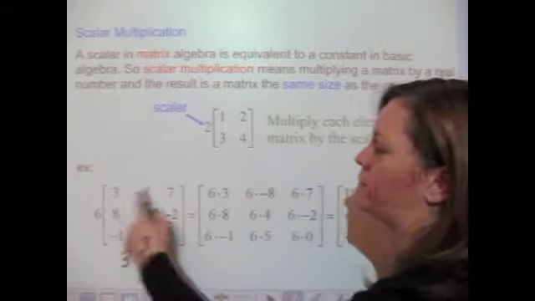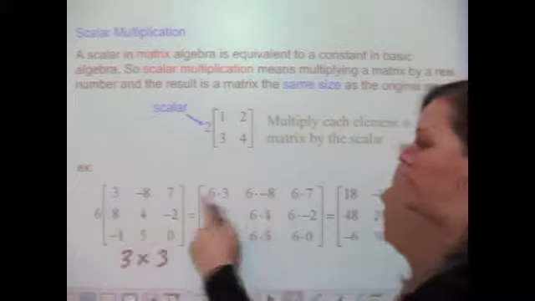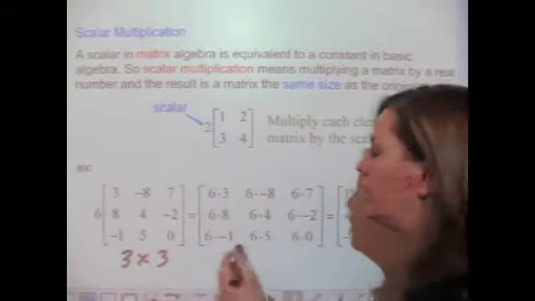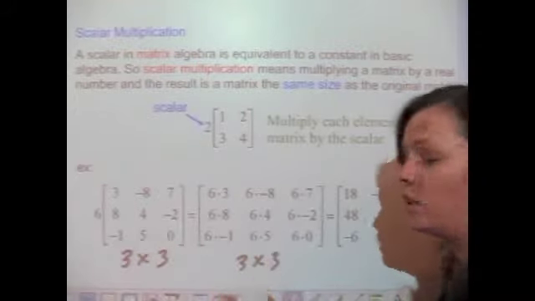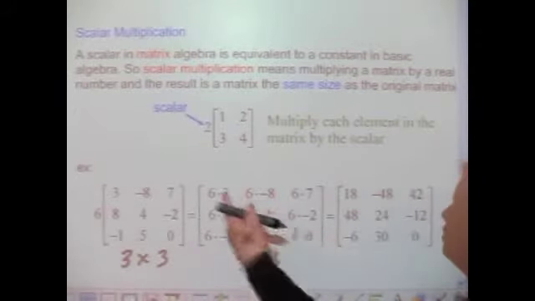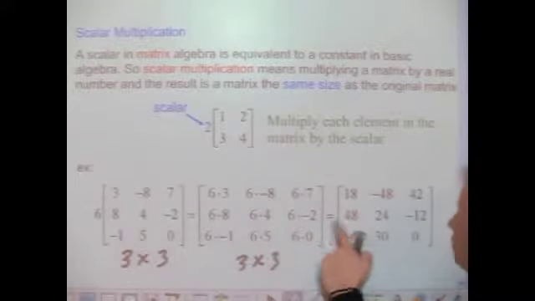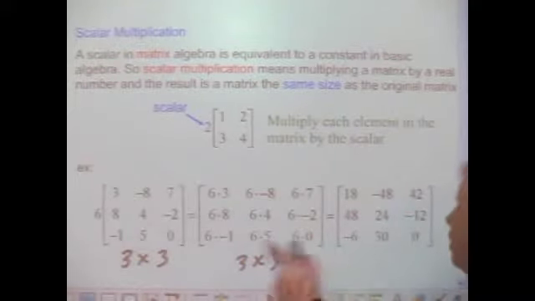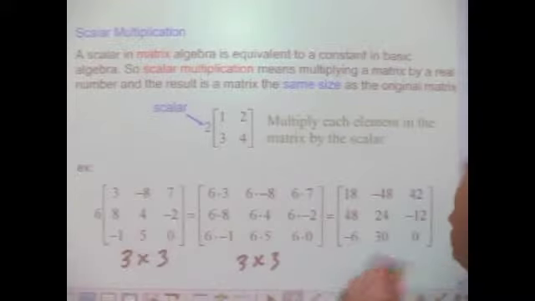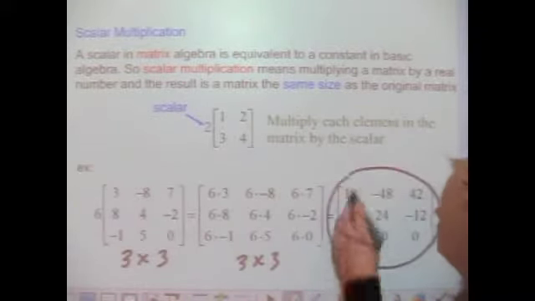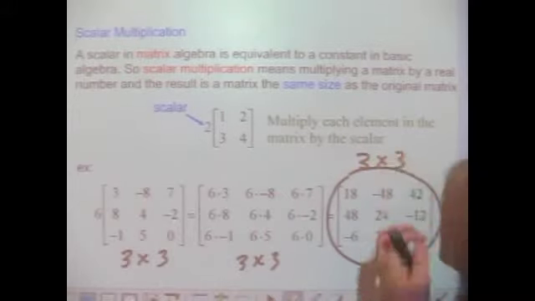So for example, we'd have 6 times 3, 6 times negative 8, 6 times 7, 6 times 8, etc. So what we see is a result that is still a 3 by 3 matrix. So we'd have 18, negative 48, 42, 48, 24, negative 12, negative 6, 6 times 5 is 30, 6 times 0 is 0. So this is our resultant matrix, and we can see that it maintains the same size.